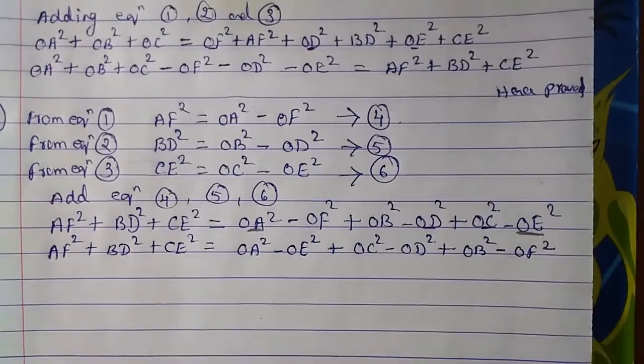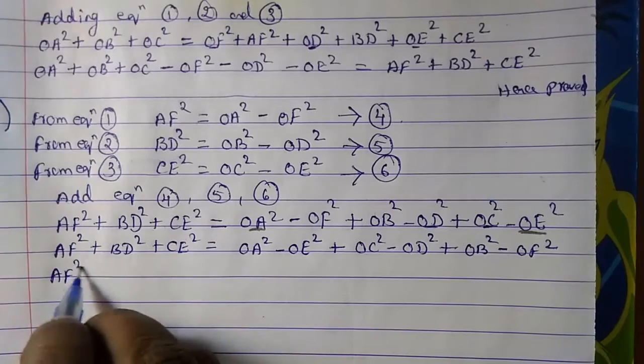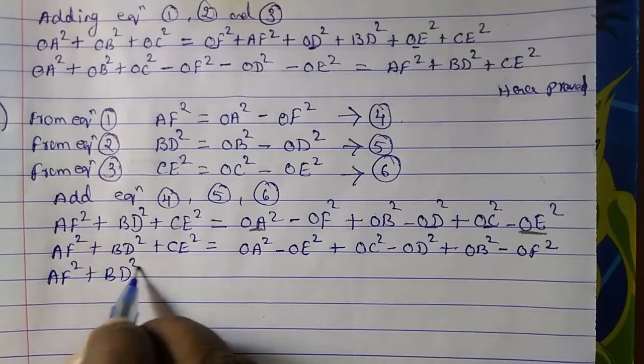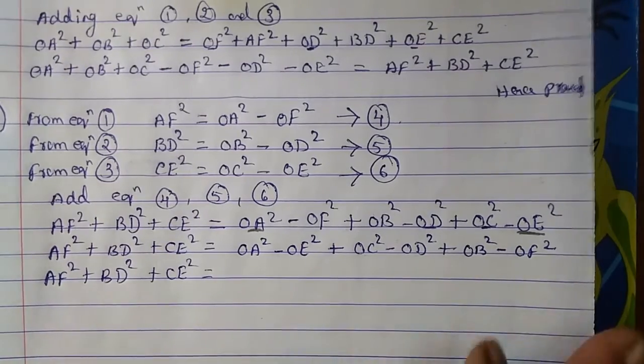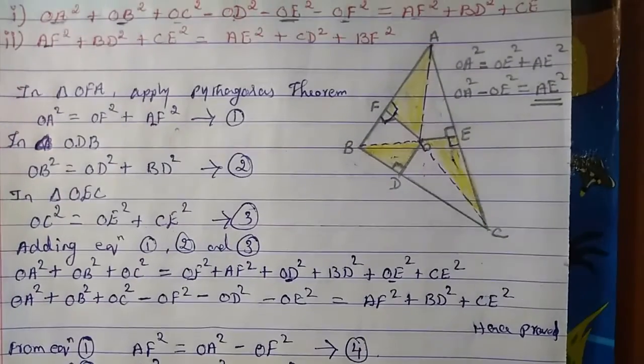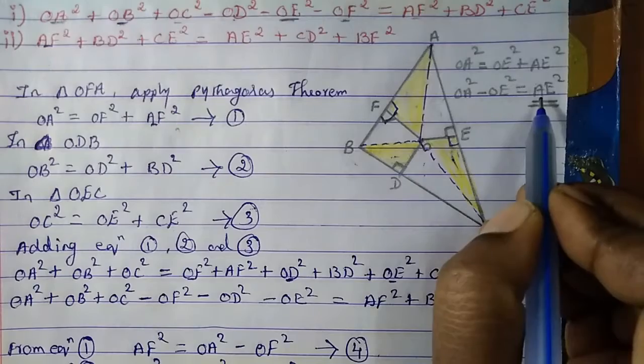Now there is nothing to write, just write it down. That's what we have to prove: BD square plus CE square. We know OA square minus OE square is AE square.